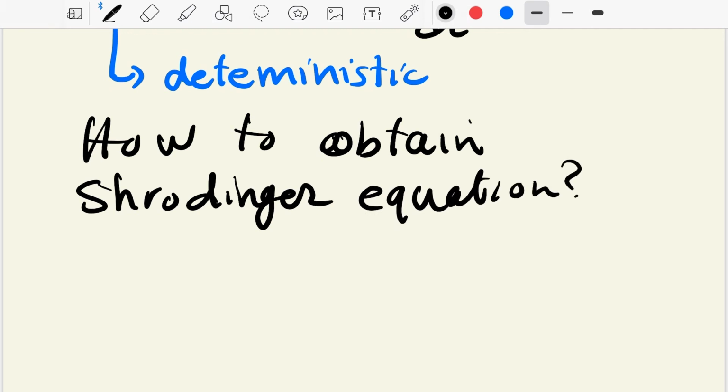In fact, we don't have any mathematical proof for obtaining the Schrodinger equation, but there are some guidelines that help us to find it. The interpretation of the wave function is a bit tricky, and I will discuss that in the next lesson.